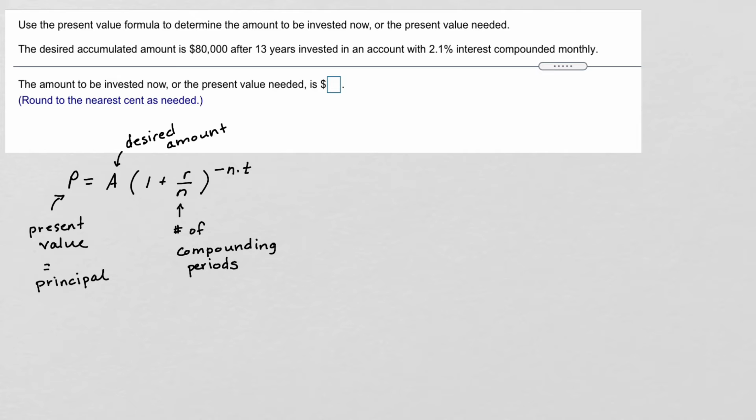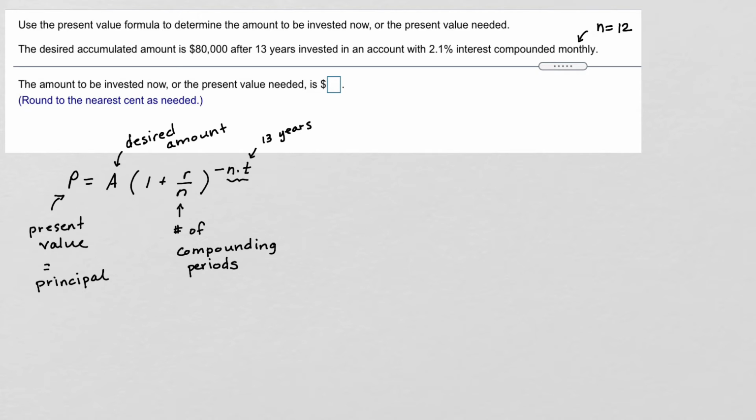In this case, that's 12 because it said it was compounded monthly. So this tells me that n equals 12. And then the time is t. So that's going to be the 13 years.